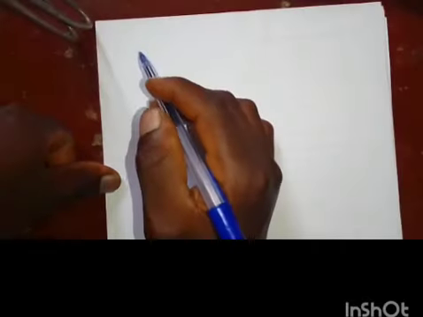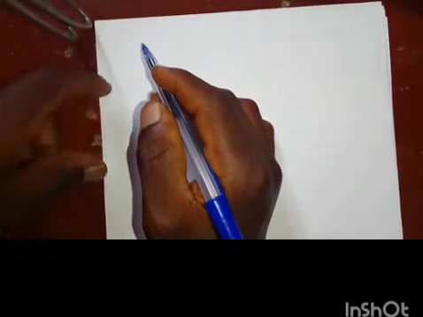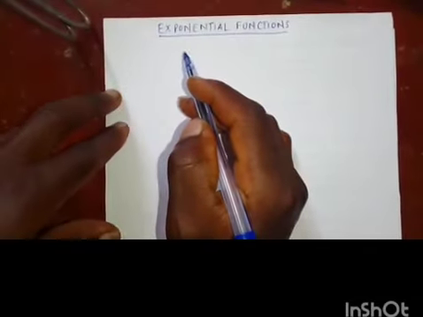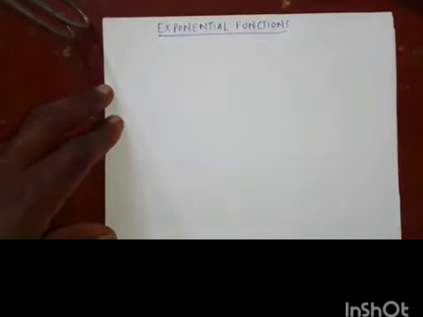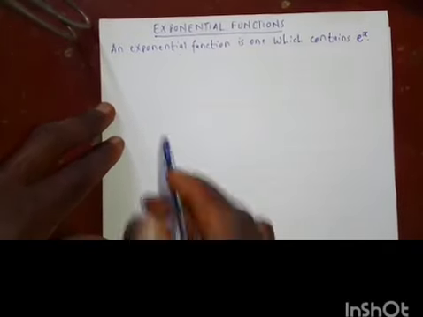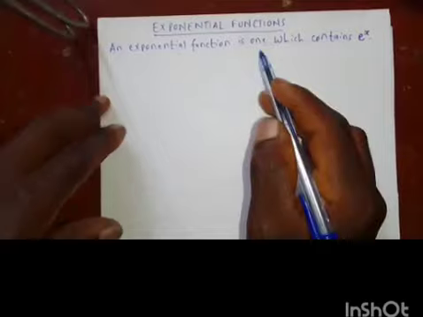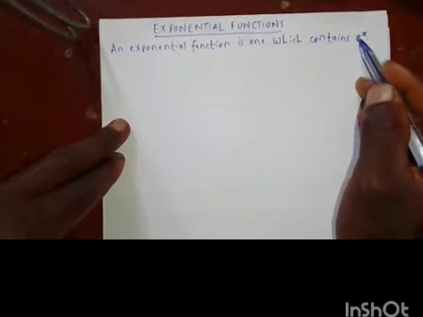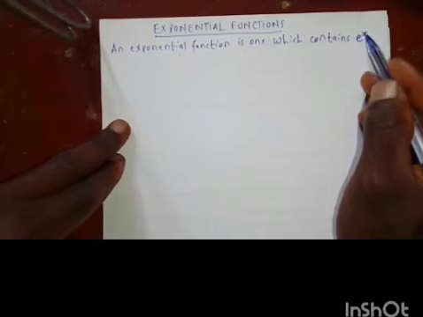We now want to go to the second part, that is on exponential functions. An exponential function is one which contains the constant e raised to the power of x.